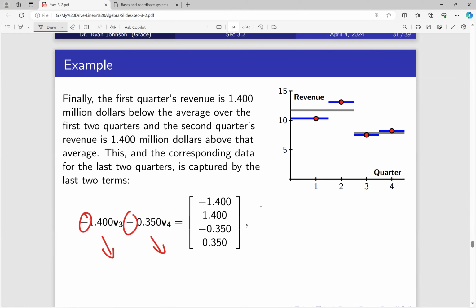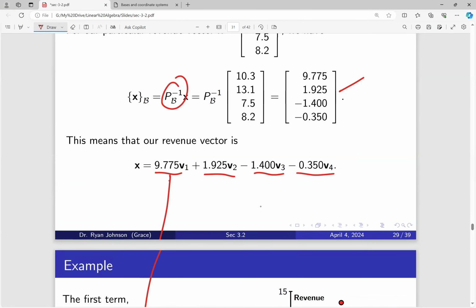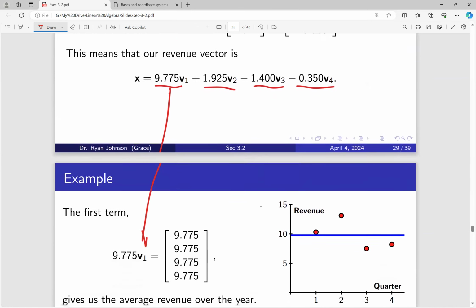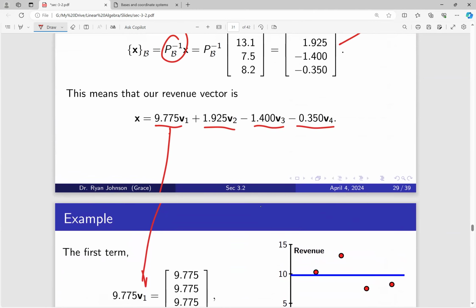And so then this basically means I've now got the whole vector described in this way. And so going back to here, my average revenue per quarter is that, and then the 1.95 is like a decrease of that amount from first half to second half.